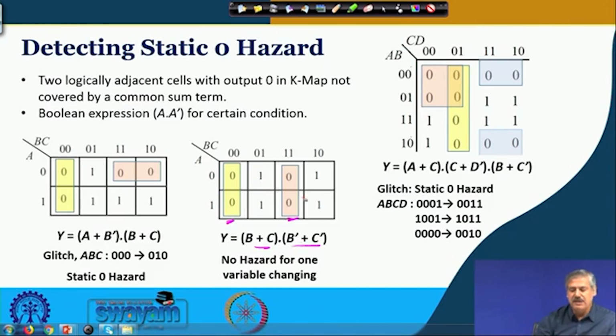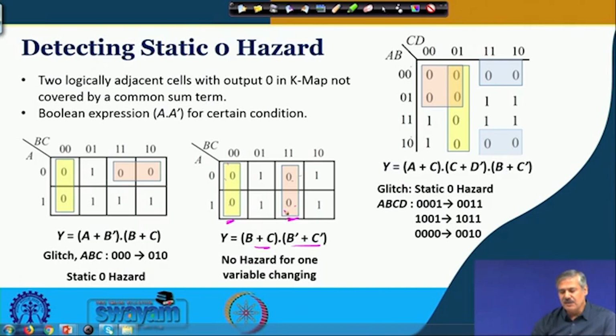Now, we see that the logically adjacent zeros, these two, are under a common sum term, and the other zeros are not logically adjacent, so they need not be covered by a common sum term. So, we do not have any static 0 hazard here. That is what we take from this particular truth table and convert it to a Karnaugh map.